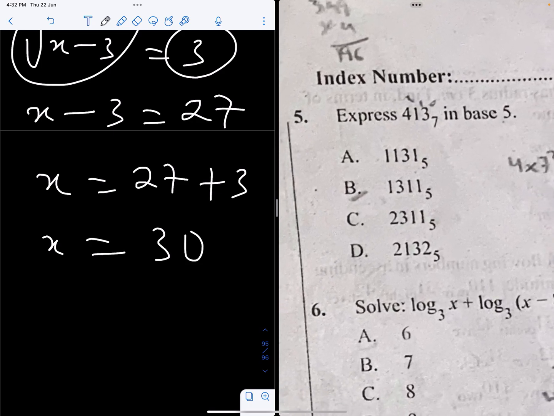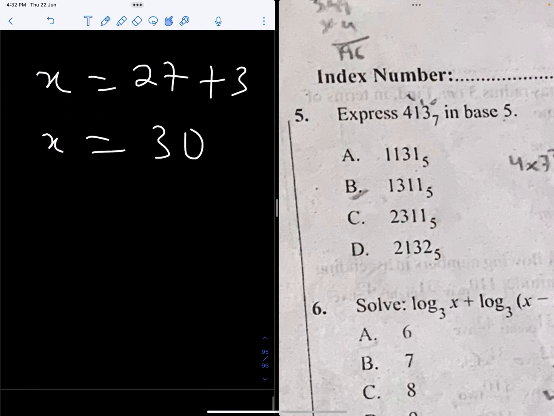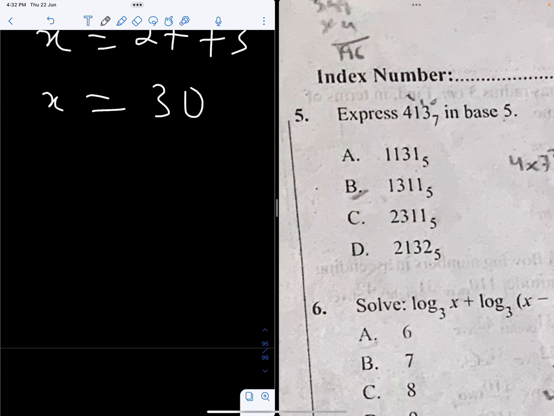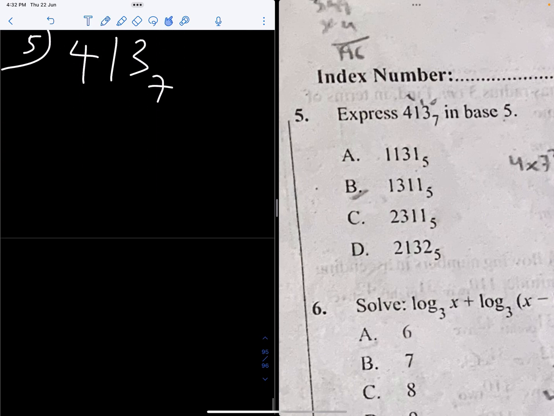Number 5, express 413 base 7 in base 5. It's easier to change it to base 10 first and then from 10 to 5. So how do I change this to base 10?